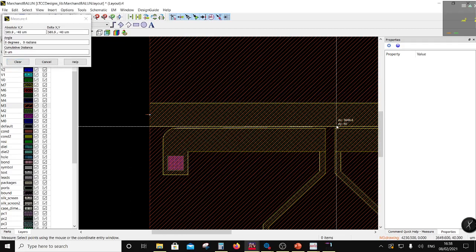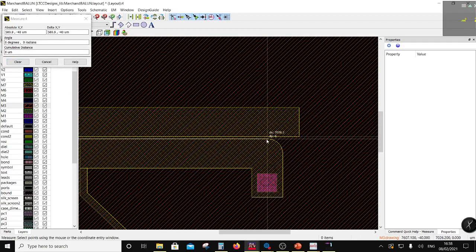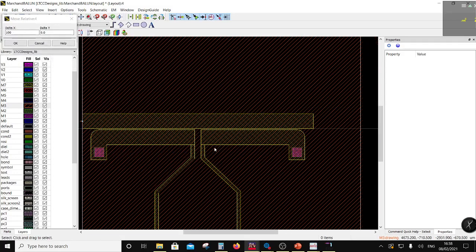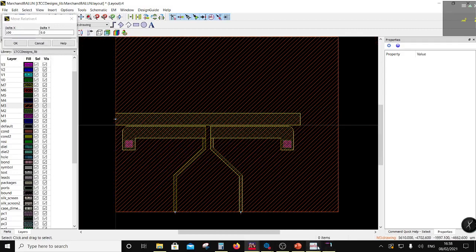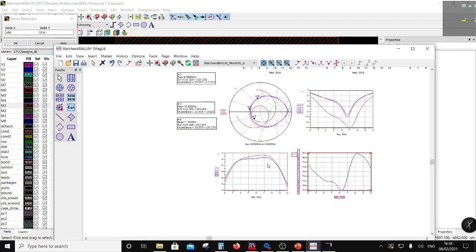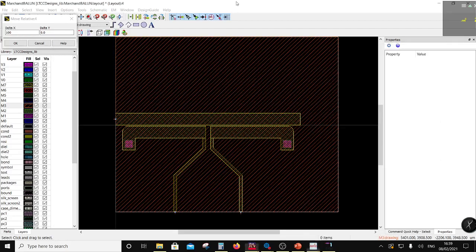Going from here to here is around 7,000. That's fine. Then I want to show you something: notice S31 is lower. This imbalance is because you are catching lambda by 4 from here and another lambda by 4 from here. The source is over here.